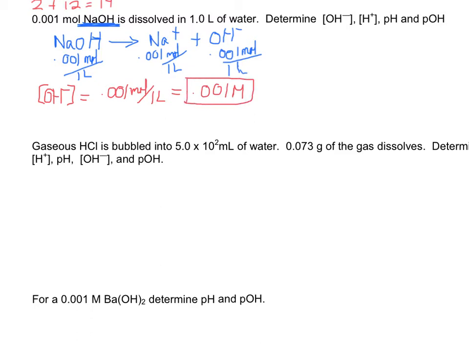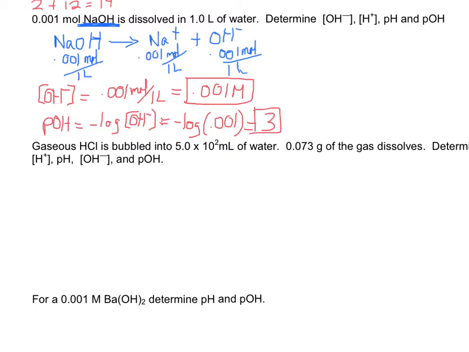From that, we can find the pOH. pOH is equal to negative log of the OH minus concentration. So it's equal to negative log of 0.001, which is equal to 3.